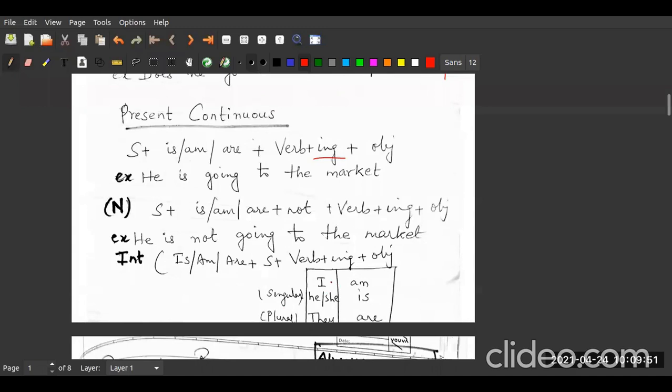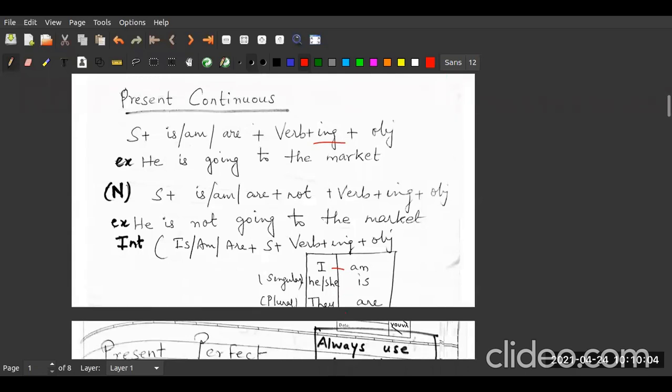With I, you always use am. With he, she, it, is. And if it becomes plural, it is are. All of you must be knowing this. Continuous means ing will be added. Is, am, are depends on the subject: is for singular, am with I, and are for plural.